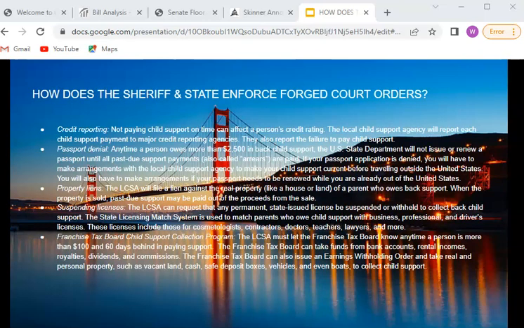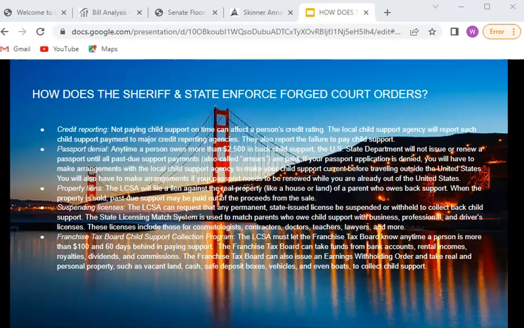So how does the sheriff and state enforce forged court orders? You could pause. This comes off their site. They do credit reporting by falsifying and reporting this debt to the credit agencies. They also do passport denial with this fraudulent debt.